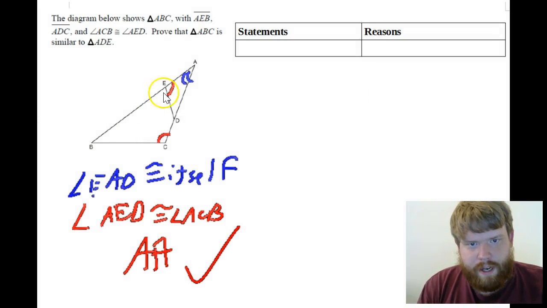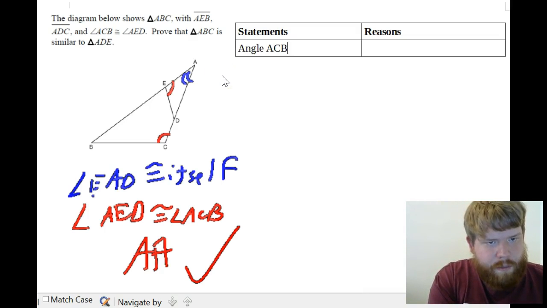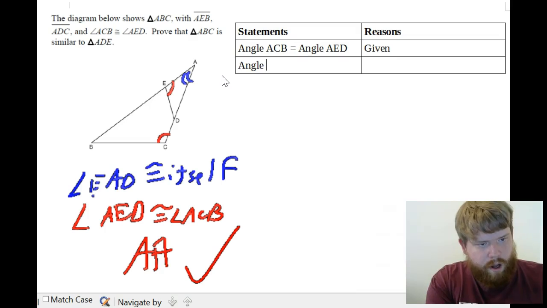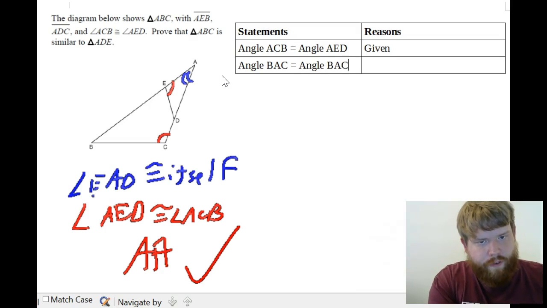So let's write that up. Angle ACB is congruent to angle AED, that is given. Angle BAC is congruent to itself.